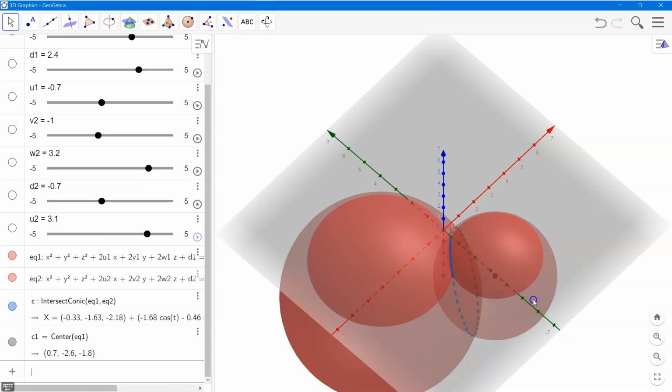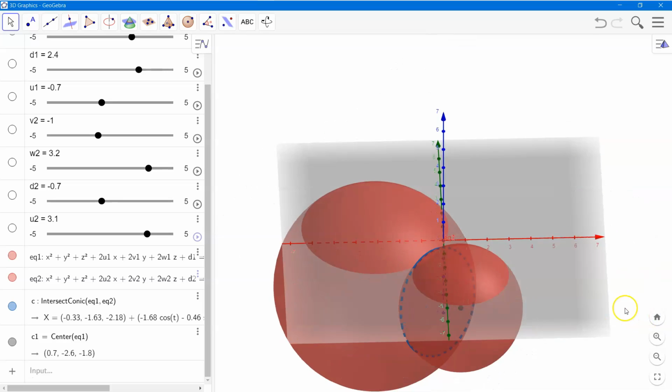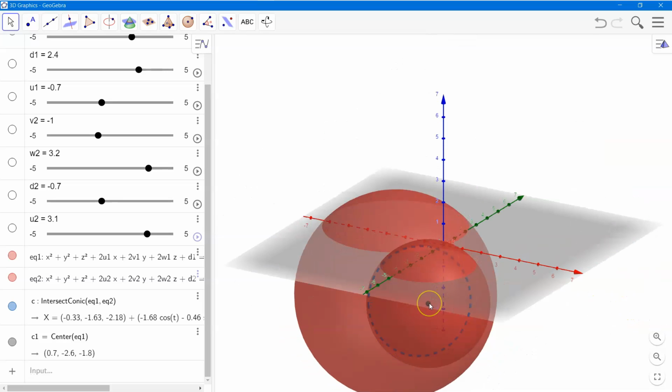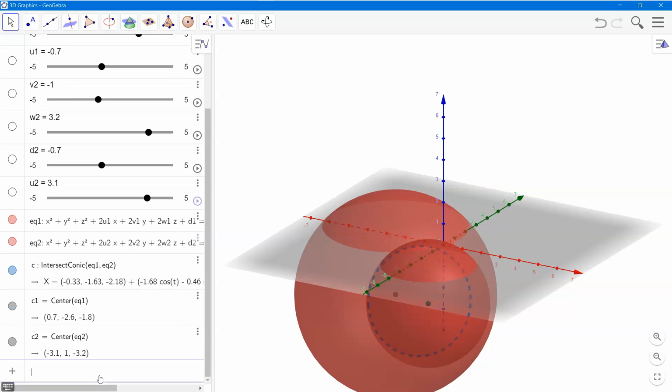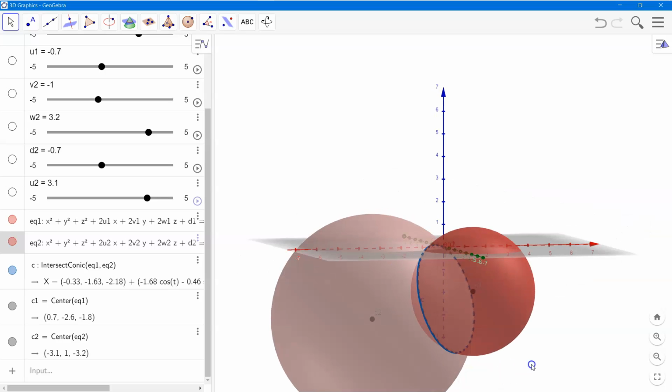See here, c1, can you see it? So this is the center of this sphere. Now similarly c2 is equal to center of eq2. This is the center of the other sphere. So if we rotate it, it will be clearer.